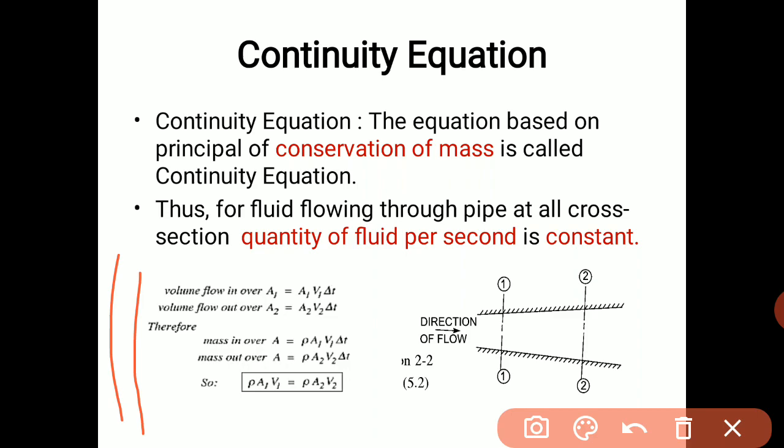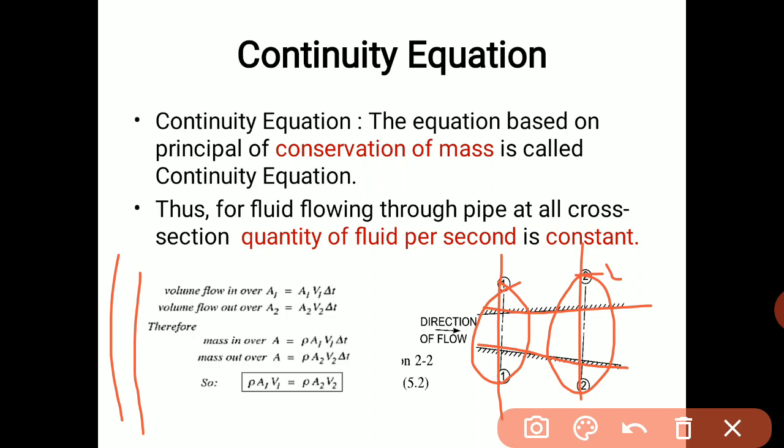Now just see this diagram. This is a type of flow having a varying cross section. Whatever the flow properties, the flow discharge at the first point will be exactly the same as at the second point. As you can see here, there is a change in area of this cross section, and because there is a change in area, there will also be a change in velocity.